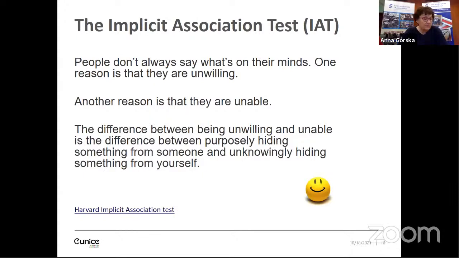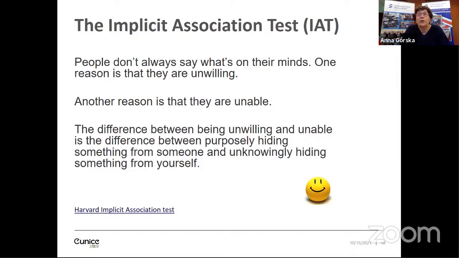On the one hand, they say that people don't always say what's on their minds because they simply don't want to. They give the example of a heavy smoker who smokes two packs of cigarettes a day, but tells people that he or she smokes only one, because this person knows that it would be quite embarrassing to admit it. But another reason is that sometimes people are simply unable to say what's on their minds.